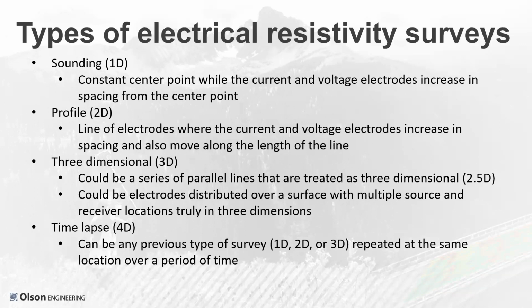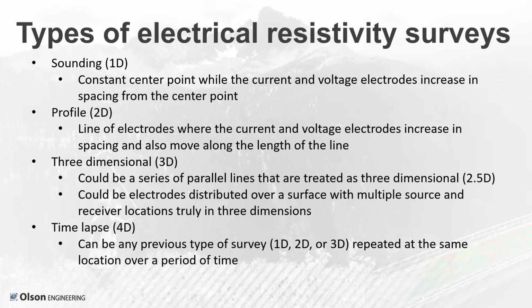Now, it is also possible to do a three-dimensional electrical resistivity survey, but they aren't done a lot. The reason for that is that it's quite often sufficient to do a pseudo 3D survey, which is just a series of parallel lines where the spacing between the lines is relatively small. And that's a subjective word that can be talked about later.